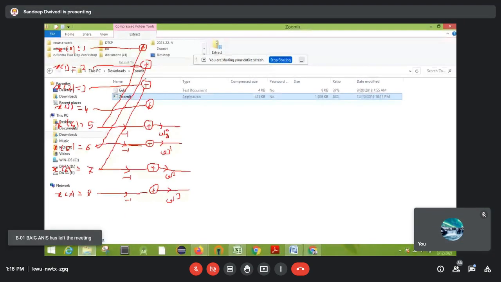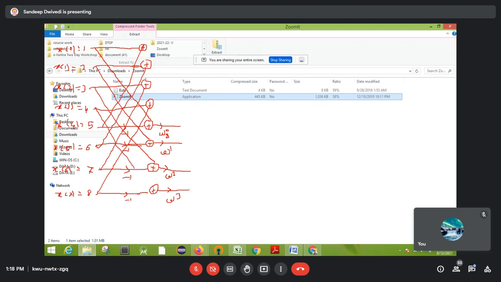Okay, and then this fourth one to the last line like this. Okay, and here also first one to this one. Okay, then the second one to this one. Okay, then third one to this one. Okay, and fourth one is to this one like this.